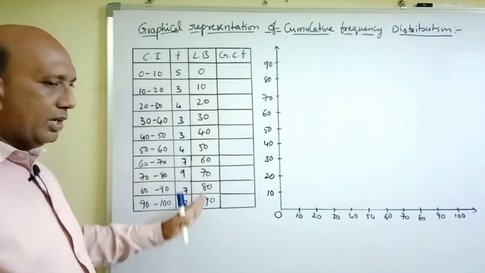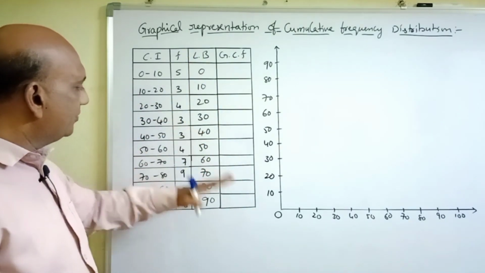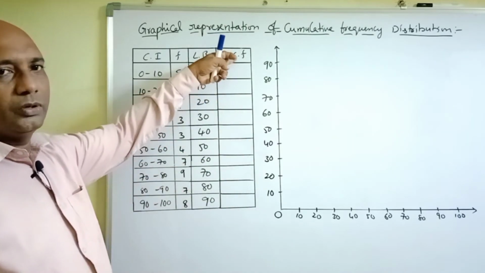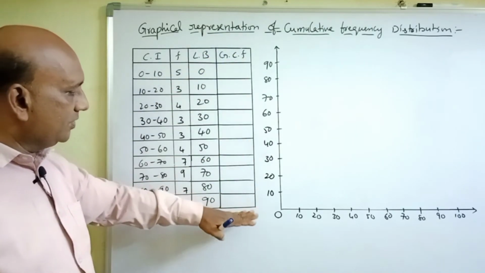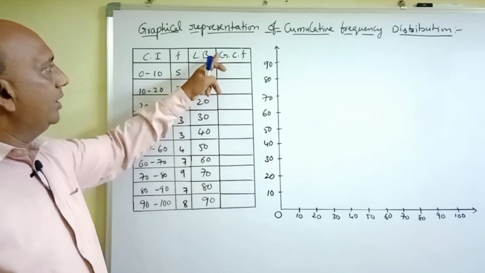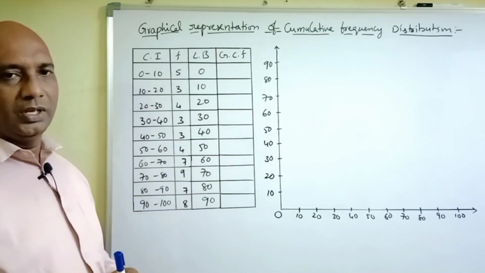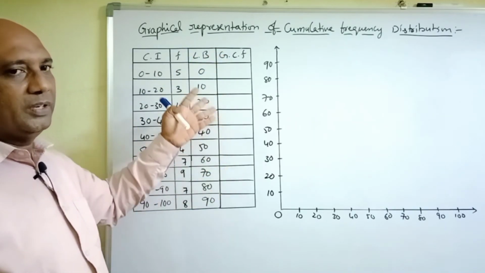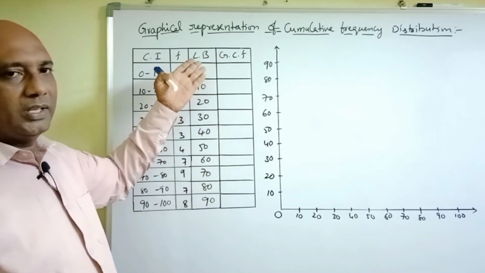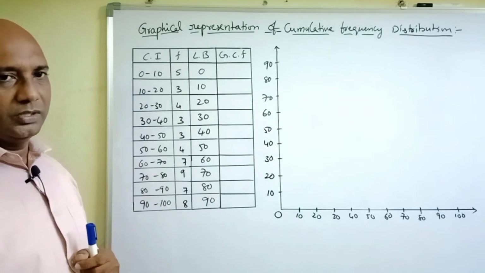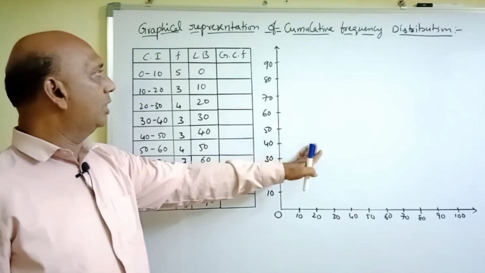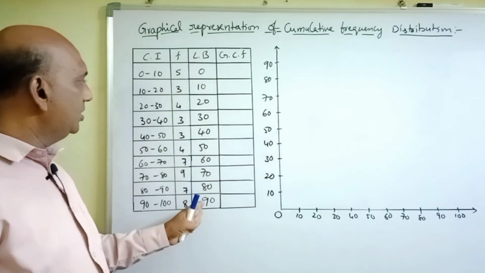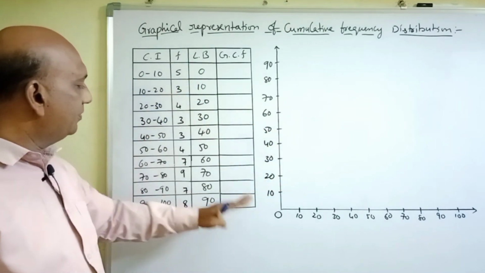Add frequencies from the lower, then you will get greater than cumulative frequencies. If you add frequencies from the upper, those cumulative frequencies are called less than cumulative frequencies. So here, to draw the greater than cumulative frequency curve, we add the frequencies from the lower.